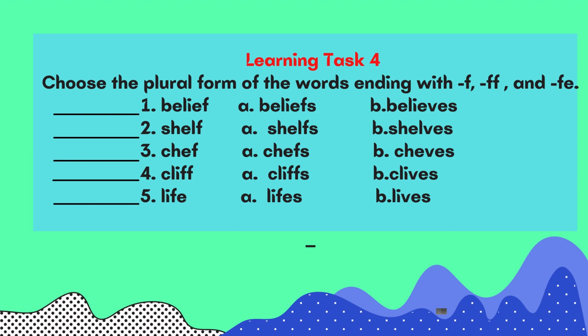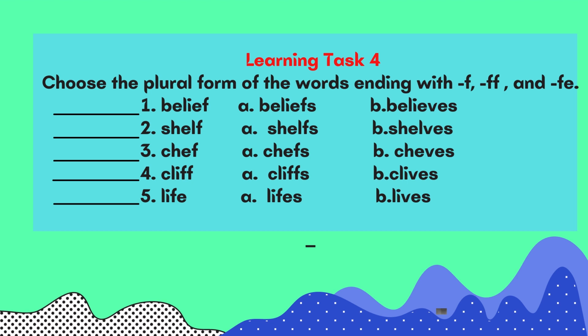Before you are going to answer learning task 4, be reminded, children, that some nouns ending with F, double F, and FE form their plurals by adding S or by changing first the letter F to V, then add ES.